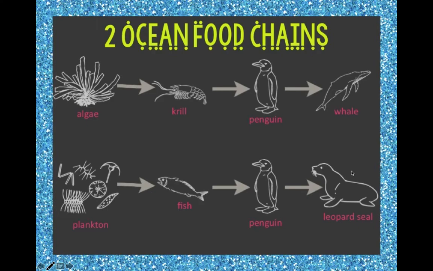Are they herbivores? Are they carnivores? Are they omnivores? Are they prey or are they a predator? If they are prey, then they are hunted. If they are a predator, then they hunt other creatures. I'm going to give you a couple of seconds to think about that.